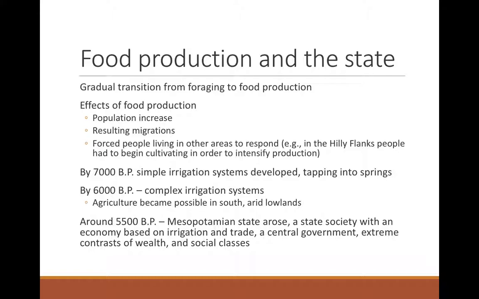Around 5,500 years before present, we see the Mesopotamian state first arise. This is a state-level society that has an economy based on agriculture. It relies upon hydraulic systems with irrigation, also relies upon long-distance trade. That is a second theory of state formation, that it is kind of communities that are built at key areas along trade routes that are able to then capitalize upon people passing through and build this full-fledged state economy.